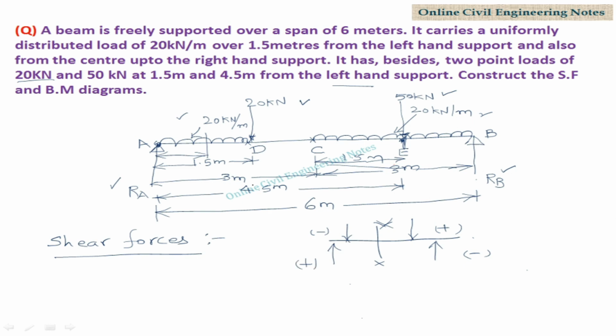For this beam AB, calculate the shear forces from B to A. Consider a section at B. The vertically upward force RB is acting. Therefore, shear force at B, SFB, is equal to vertically upward force taken as negative, so minus RB. Shear force at B is equal to minus 91.25 kilonewton.